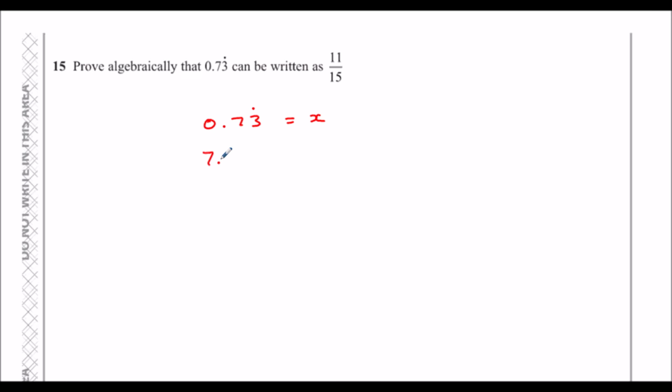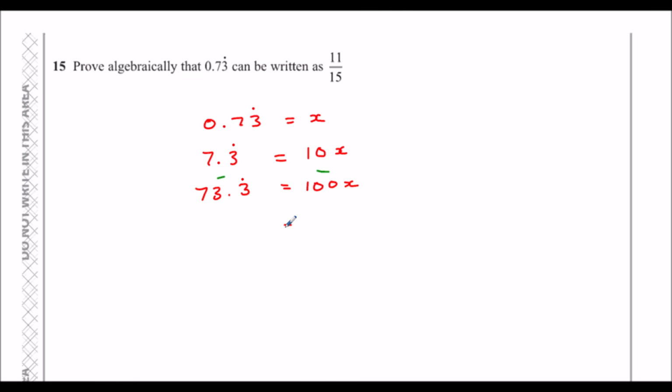So if we multiply by 10, 10 times x will be 7.3 recurring. And then multiply by 10 again, so 100 times x will be 73.3 recurring. So now we can eliminate this 3 recurring by taking away. So I can do 100x take away 10x.